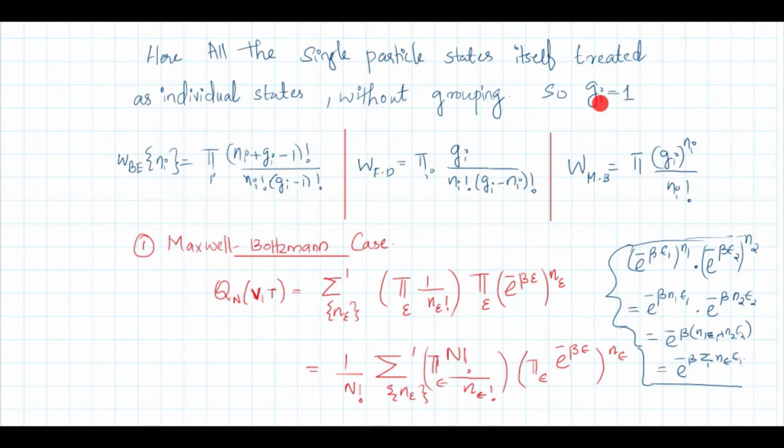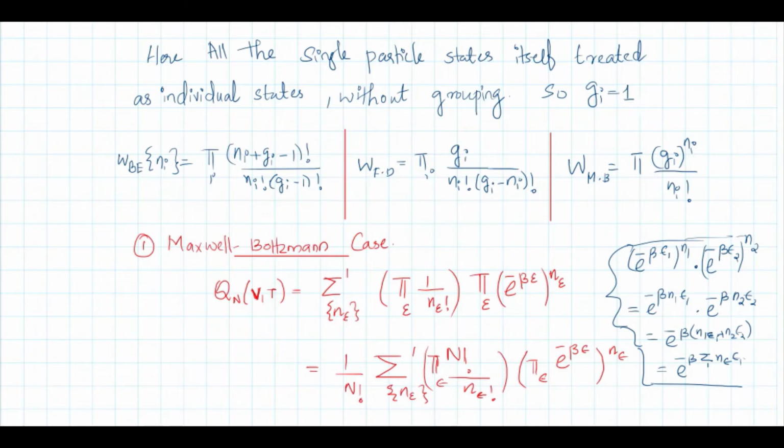Our assumption is that a few sets of energy levels combined together to form a cell. But here there is no such concept. Each individual state is treated as a single particle state. So Gi, the number of energy levels in a particular cell, was Gi in the previous lecture. In this lecture, there is no such grouping, so we can take Gi as 1.